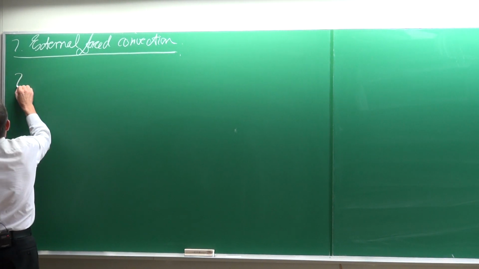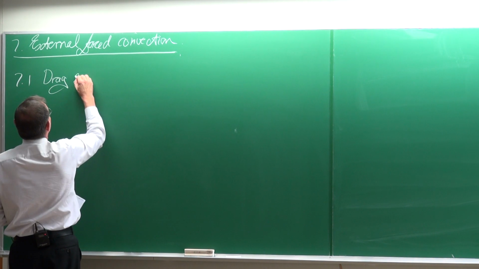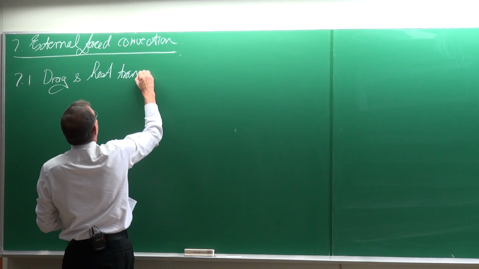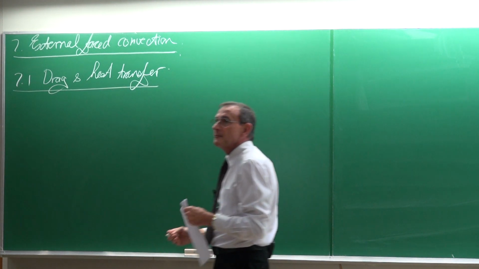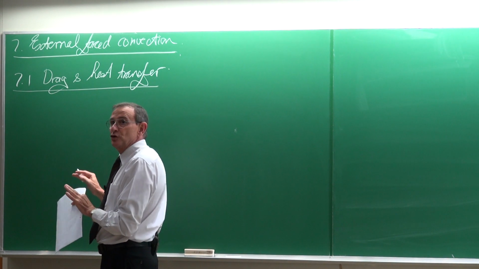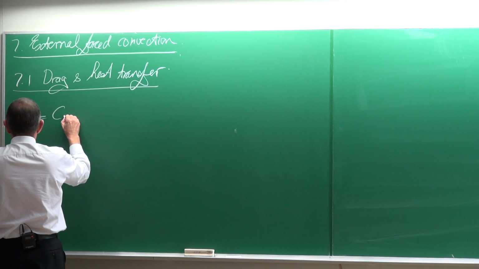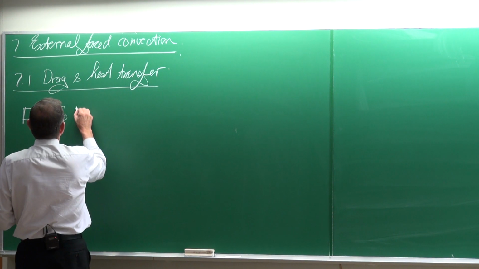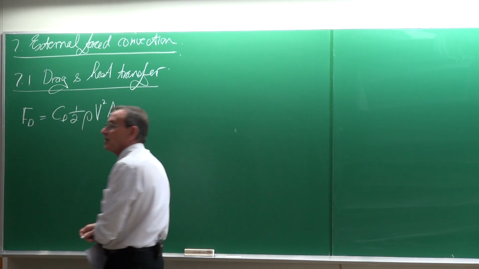And I'm going to specifically look at drag and heat transfer. The drag part would be a quick revision of your fluid mechanics. Going back to fluid mechanics, the drag force is equal to a drag coefficient multiplied by a half rho v squared and an area like that.